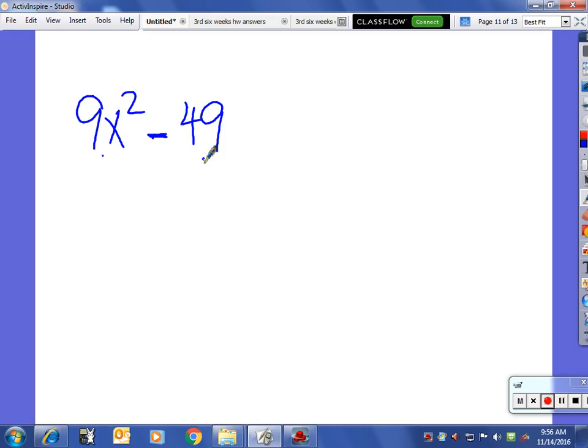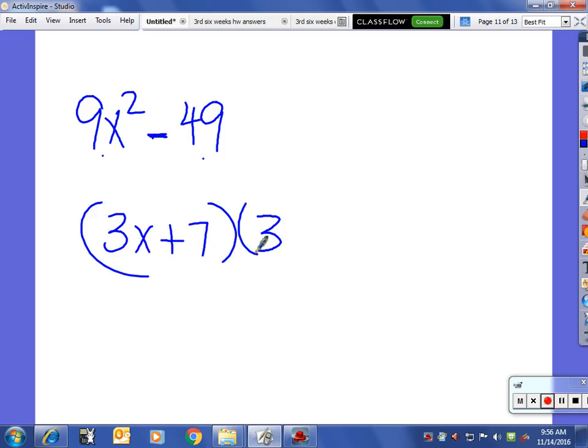How would I factor that? Just square root it. And what is it? 3x plus 7, 3x minus 7. Or you could put the minus first and the plus second. Another thing you've got to make sure, though, is that you have different signs. I had some kids realize it was difference of 2 squares, but they made both of them negative or both of them positive.